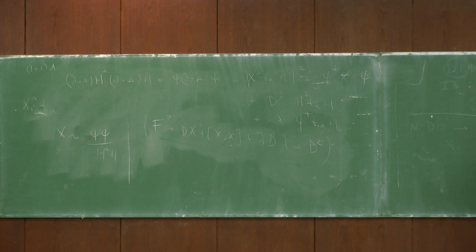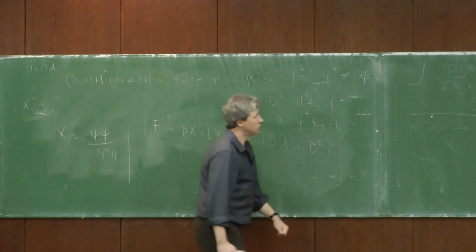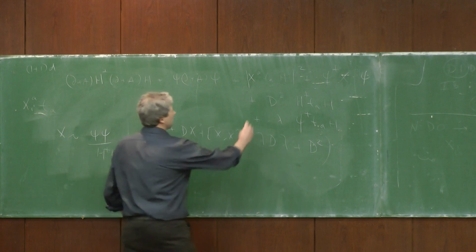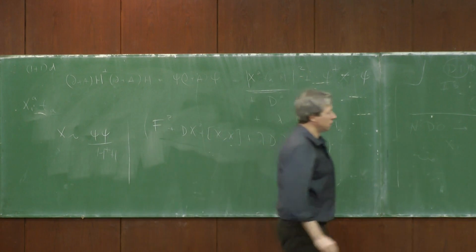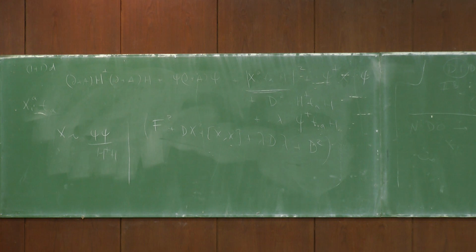Oh yeah, maybe I should have told you before, there's this term, and that's a very important term in the entire Lagrangian, because it will determine on which branch one is actually formulating the theory.